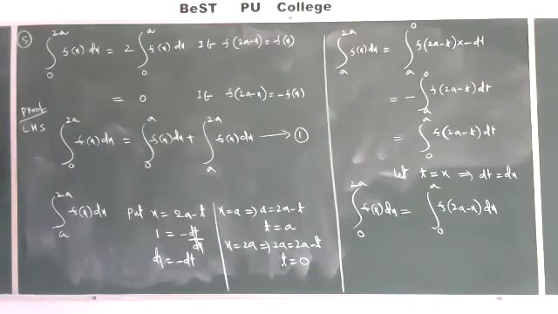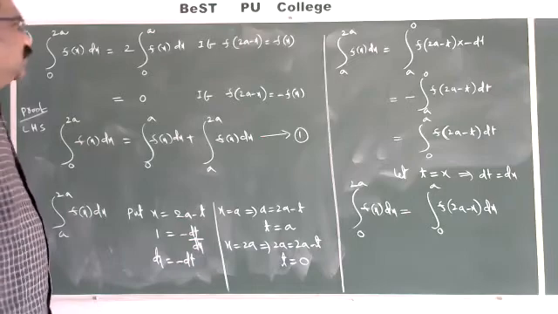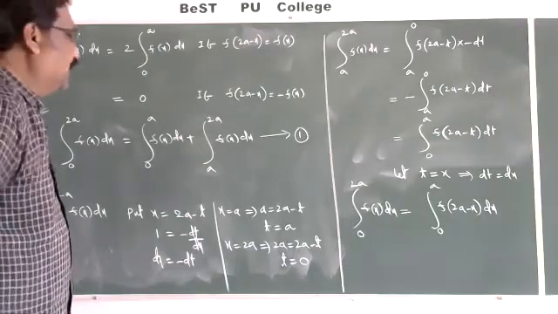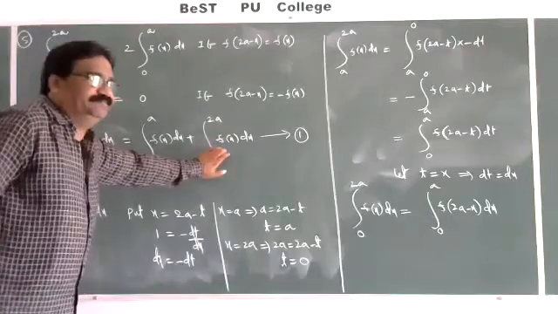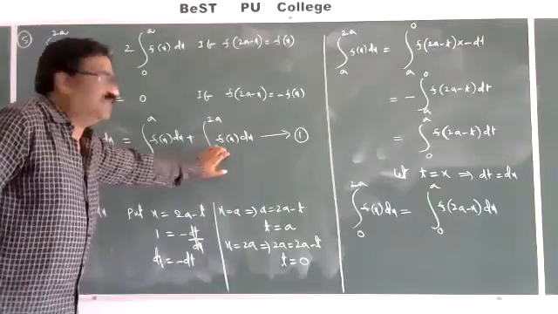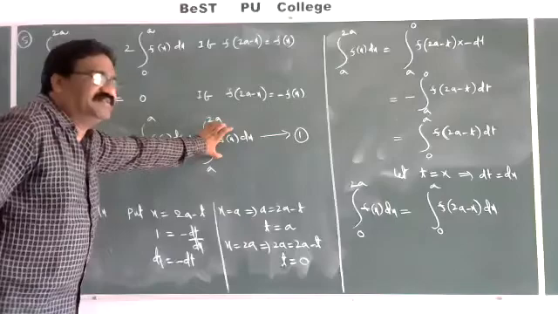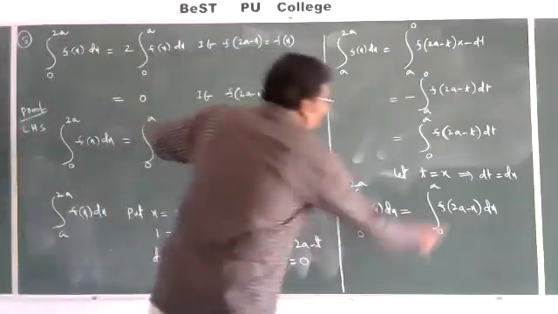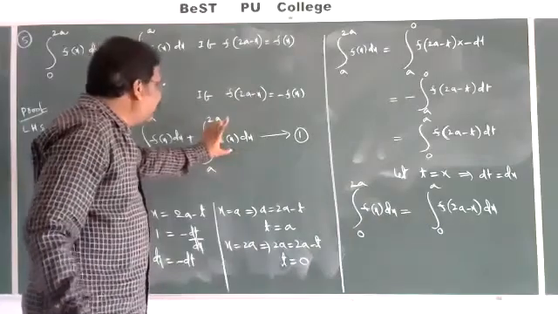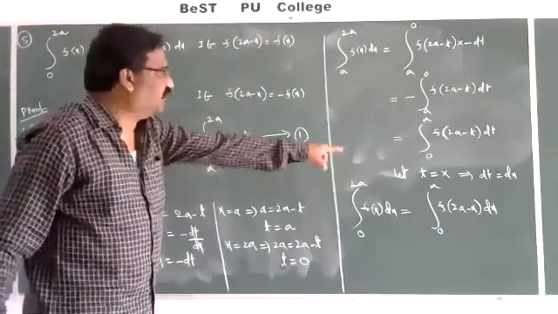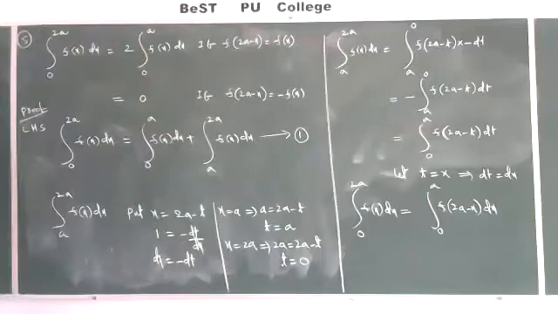Integral a to 2a f(x) dx value is integral 0 to a f(2a minus x) dx. Then substitute this value in the first equation. In the first equation we are taking this value, which is proved. So in the first equation, instead of this you substitute integral 0 to a f(2a minus x) dx.